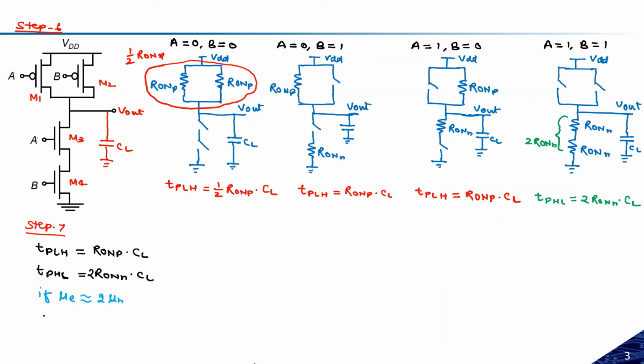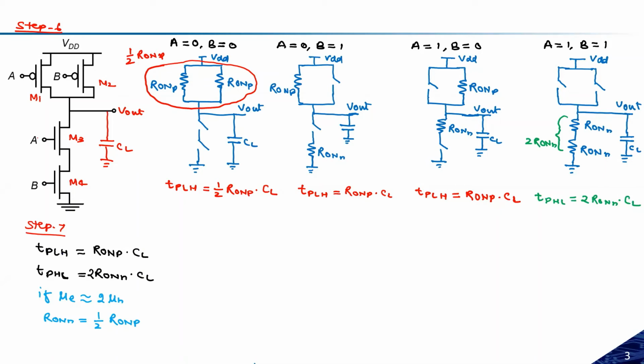So here I can write R on N is equal to half of R on P. Now let us see here. If somehow I can replace this R on with half of the R on P, we can see here TPLH and TPHL both look equal.